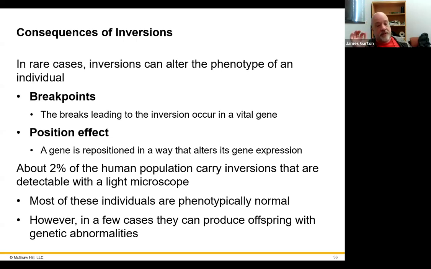Alternatively, sometimes when you have an inversion and you put the genes in a different order, different geographical regions of a chromosome might have differing levels of gene expression. And it goes on to say a small fraction of the human population carries an inversion that you can see. And mostly they don't know it. But there are a few cases where it will show up.